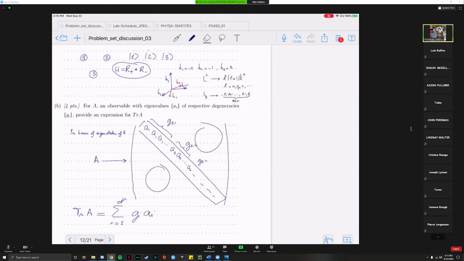If the eigenvalue A1 is G1 degenerate, that means that when we measure A and we find A1, then that amounts to selecting a subspace of dimension G1 for the description of the state of the system.